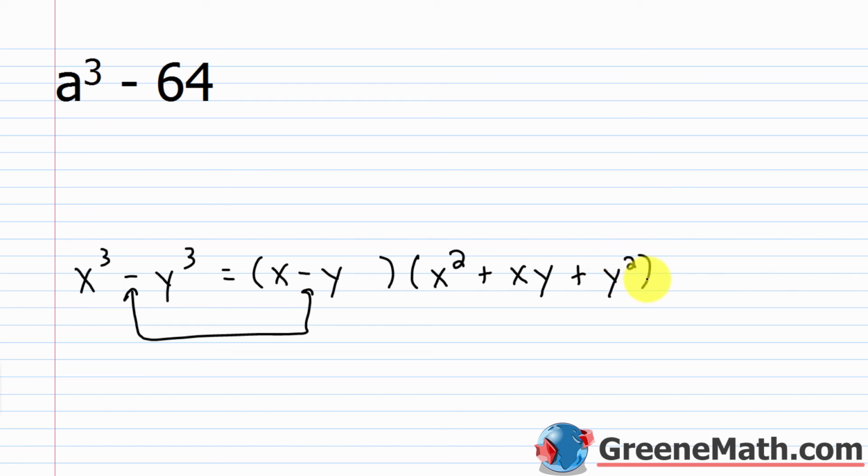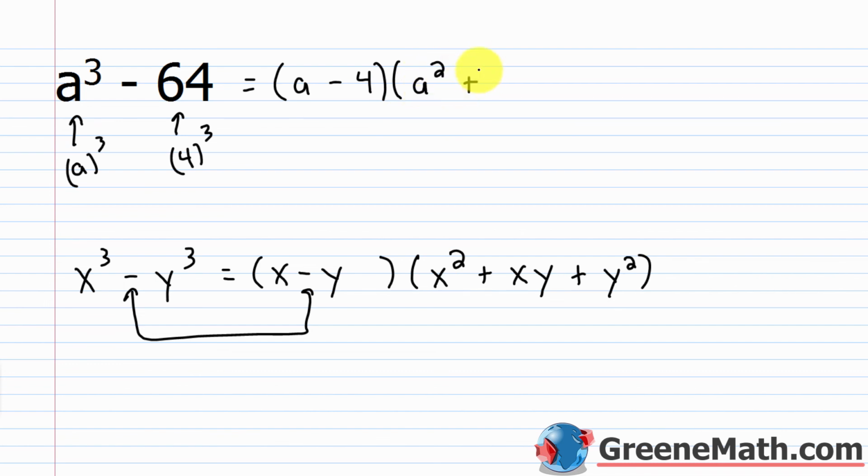So following this format, we have a cubed. A is what's cubed. And we have 64. 64 is 4 cubed. So 4 is what's being cubed. So follow the format. So whatever's being cubed in the first position, in this case that's a, minus whatever's being cubed in the second position, in this case that's 4. Then times. Whatever's being cubed in the first position is now squared, so that's a squared.